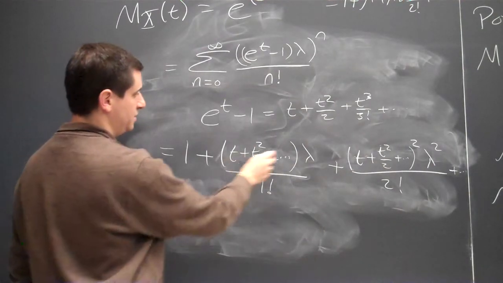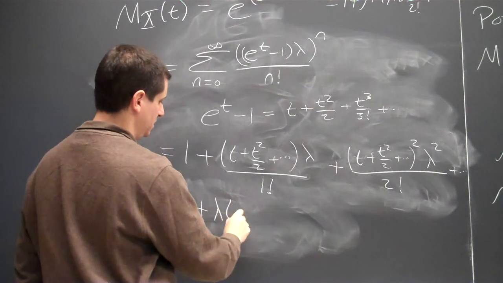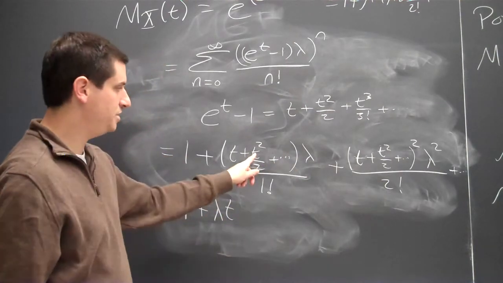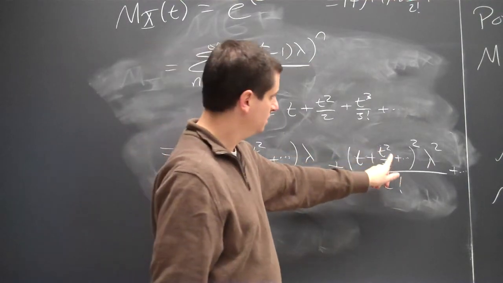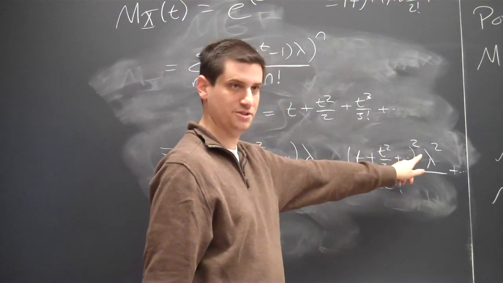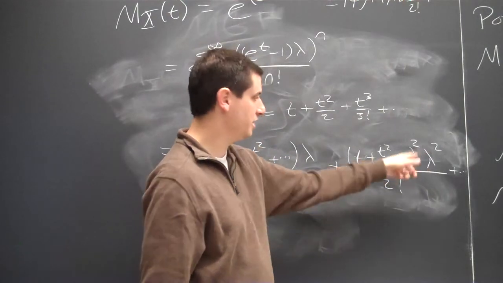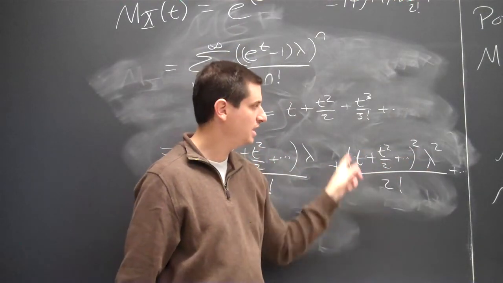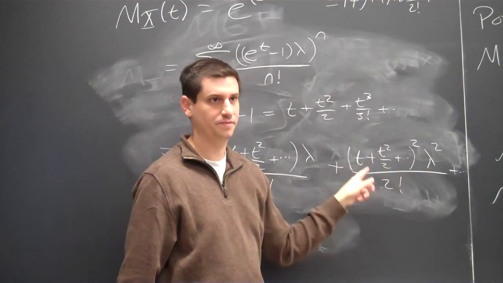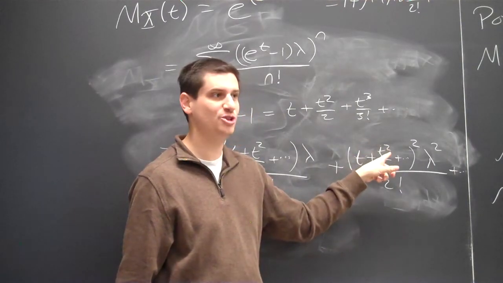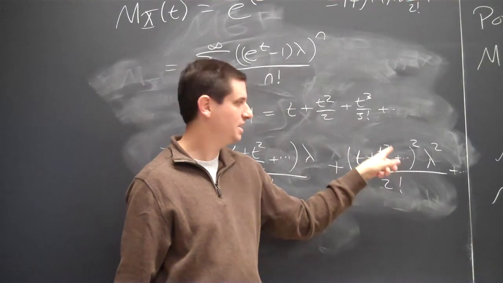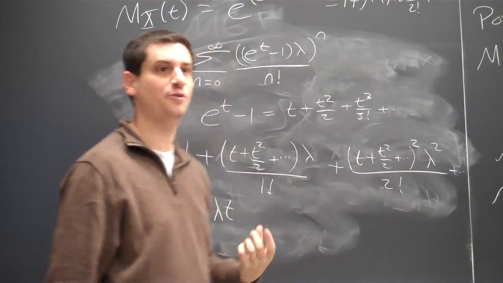So now I just collect things. 1, I have t times lambda, so I have lambda t. My t squared terms, I have a t squared over 2 lambda. I have to square this. So when I square this, which gives me a t squared term? t times t squared over 2 is a t cubed term. t squared times t squared is a t to the 4th term.